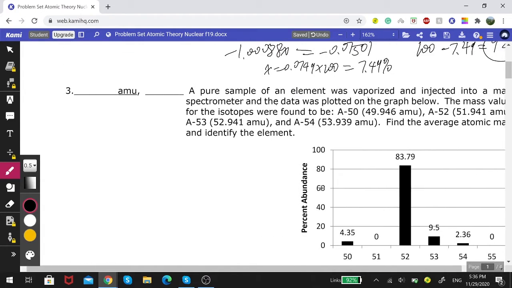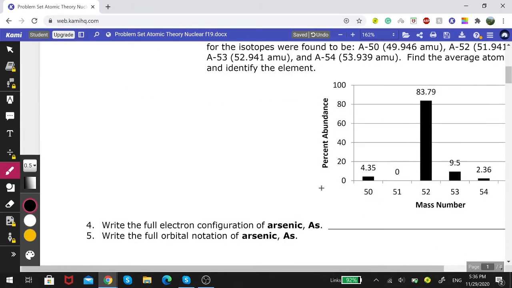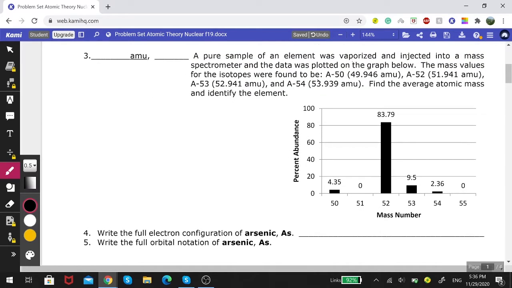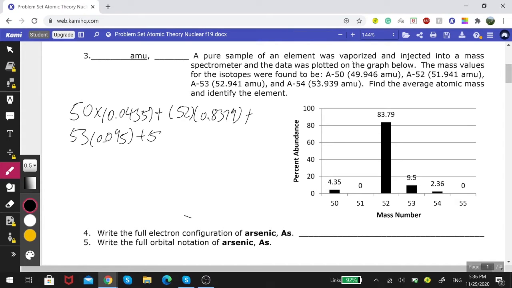Okay, so we're looking for average atomic mass, so we're just going to add everything together. We have 50 times 0.0435 plus 52 times 0.8379 plus 53 times 0.095 plus 54 times 0.0236.